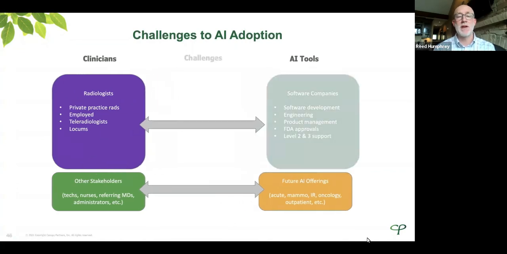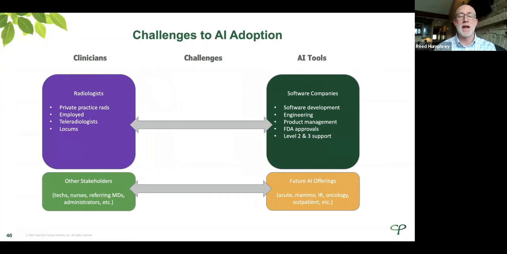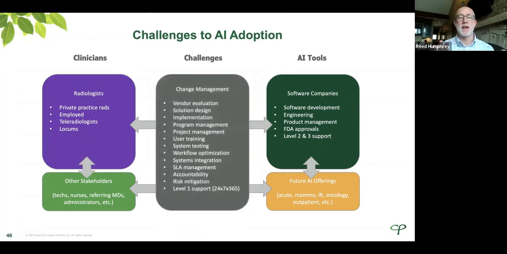On the right-hand side, you've got your software companies, and they're obviously focused on developing the technology. But that's mainly where they're heads down trying to develop great tools here, right? But on your side, you've got to figure out how are we going to implement and integrate these tools. And it comes down to what we call change management, just making sure that you're thinking through all of these different scenarios.